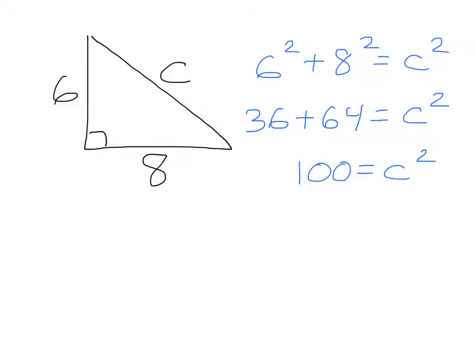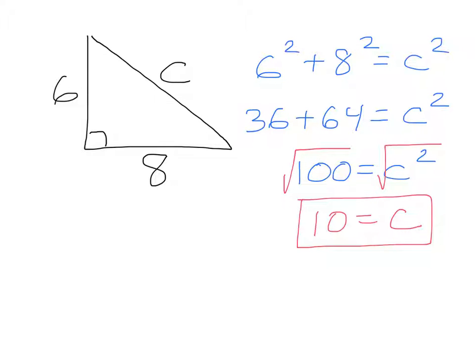So how can I get c squared and make it c? Take the square root. But if I take the square root of one side, I better take the square root of the other side. The square root of 100 is 10, and the square root of c squared is c. So c equals 10.